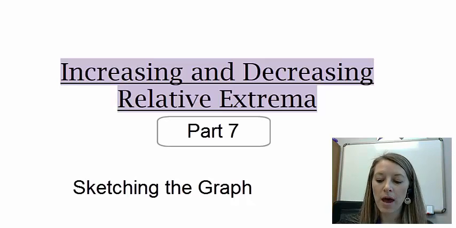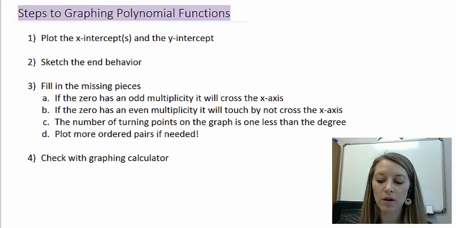For reference, let's go ahead and look back. We focused on, first, graphing polynomials, which the steps are outlined here. We found some points. The easiest points to find were the x-intercepts and the y-intercepts. We looked at the end behavior, meaning what's happening on the very left and very right-hand side of the graph.